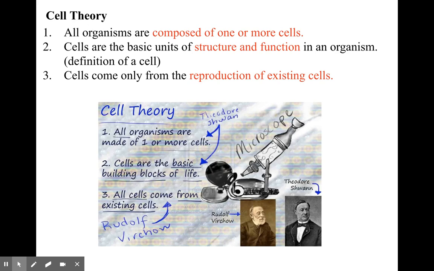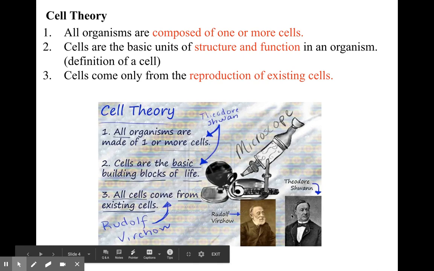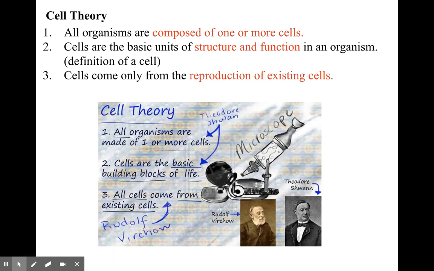So first we do need to come up with what is a cell, and that goes to our cell theory. Notice down below in the picture, we have two different scientists who contributed to cell theory. They write papers, and those papers get put together and combined to create what we would call a theory.